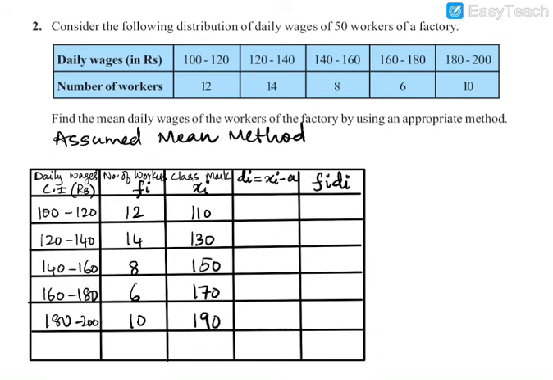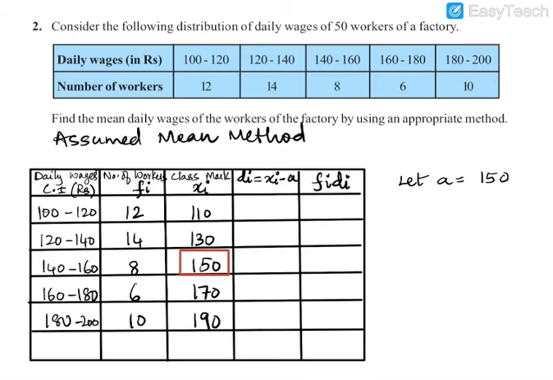So first we will have to choose an assumed mean from the list of xi's. The assumed mean should be the central value of all the xi's. Since there are 5 values, we can choose the middlemost value, which is 150. So we can say let the assumed mean be 150.